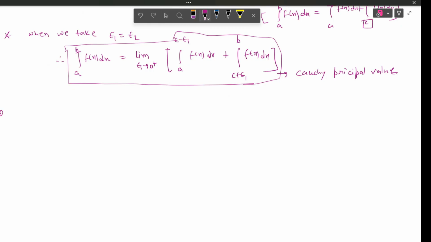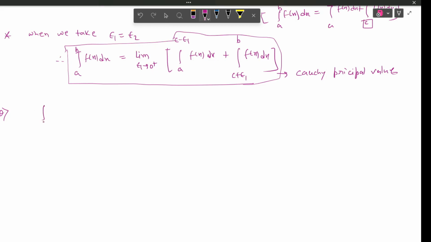Now let us take some questions. First, let us understand this type 4, then we will move forward to solve 2 to 3 questions, then we will end this session.